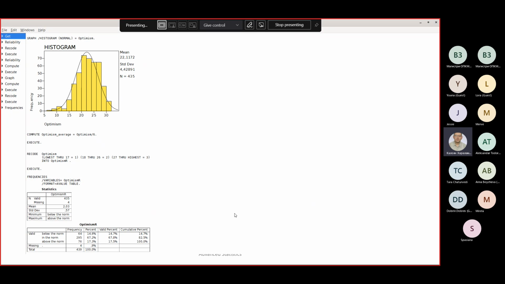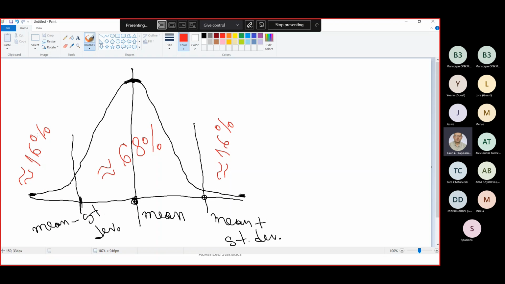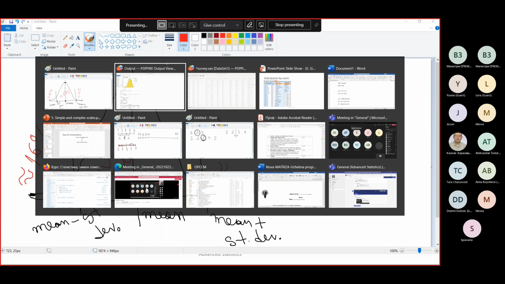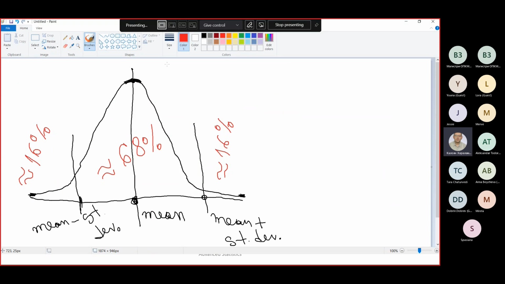These numbers are not exactly the same as 16, 68, and 16, but are very close. They are very close. Here we have 14.7.